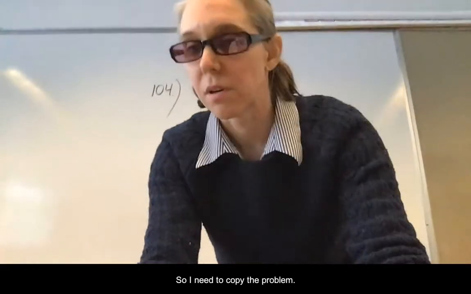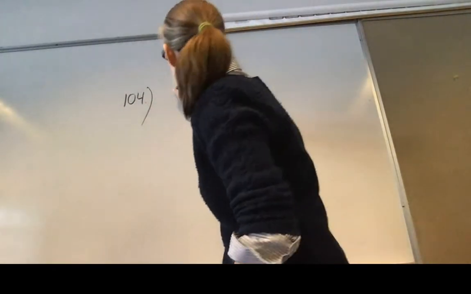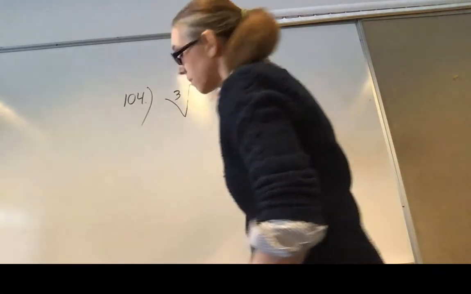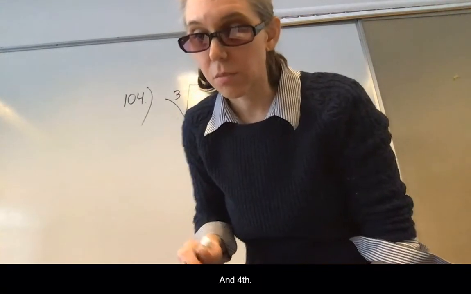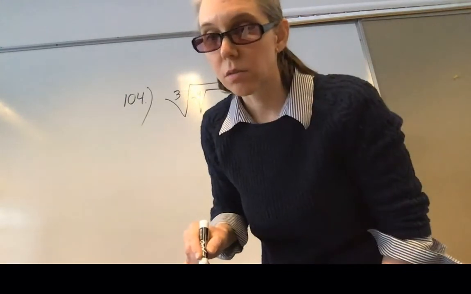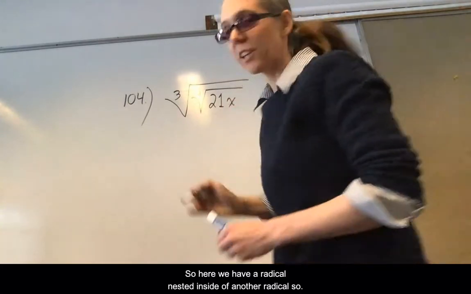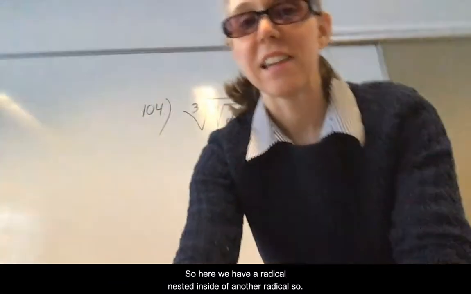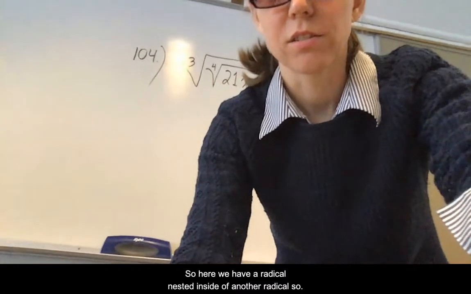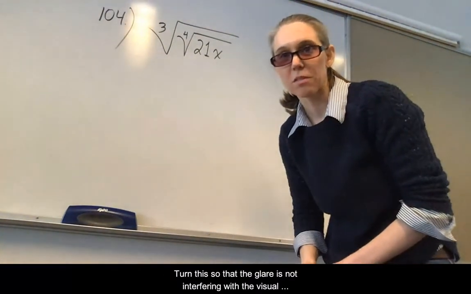So I need to copy the problem, which is underneath my laptop conveniently. Cube root and fourth root 21x. So here we have a radical nested inside of another radical. So trying to turn this so that the glare is not interfering with the visual.